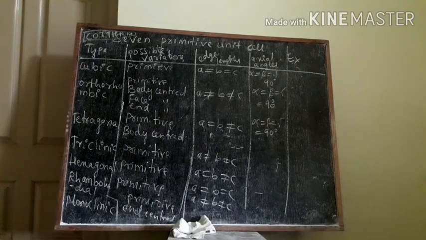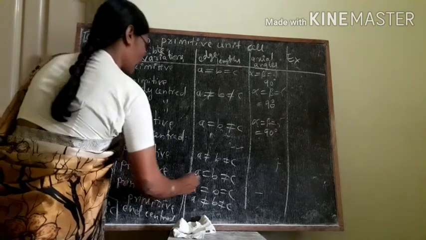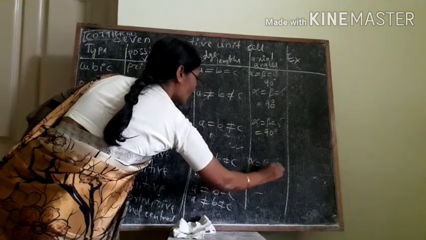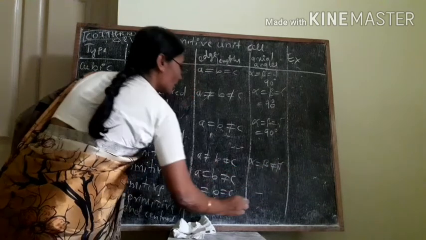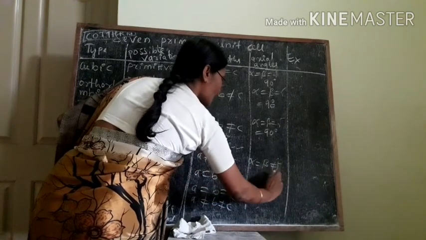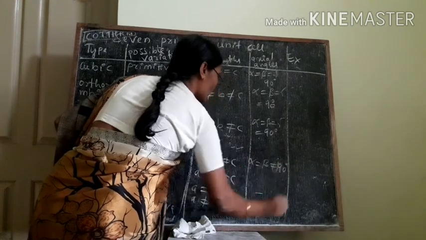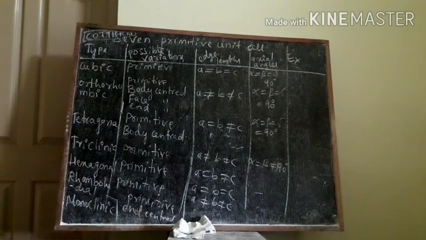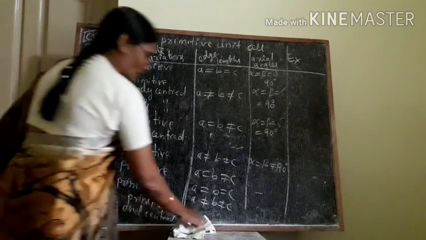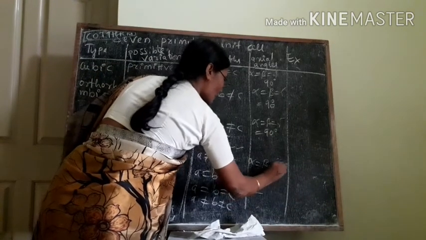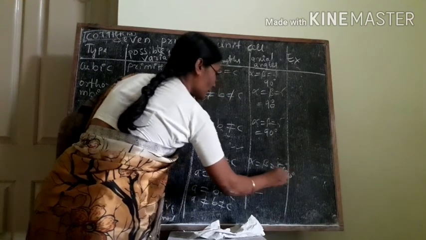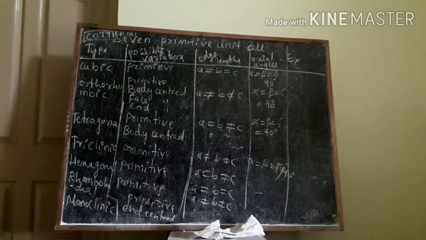Triclinic: alpha, beta, gamma are not equal to 90 degrees, and not equal to each other. And the remaining is hexagonal.